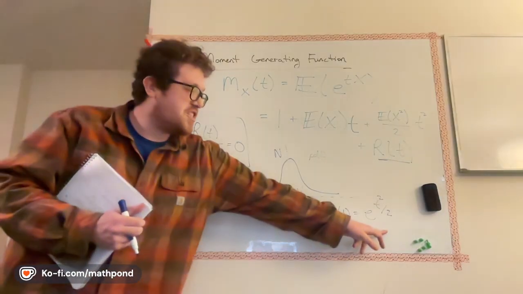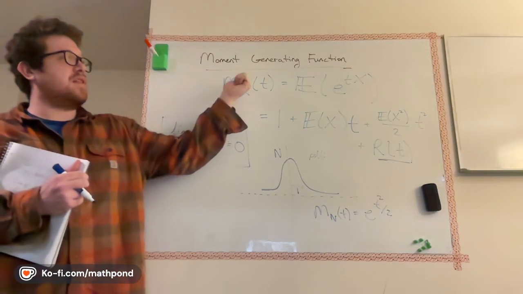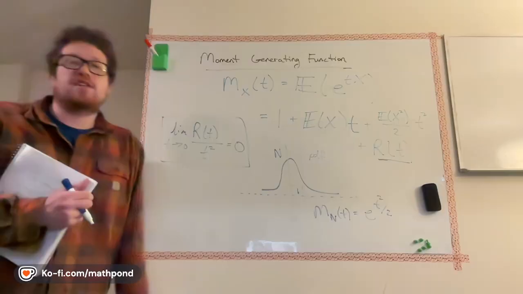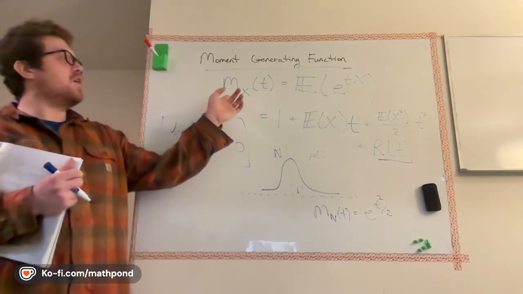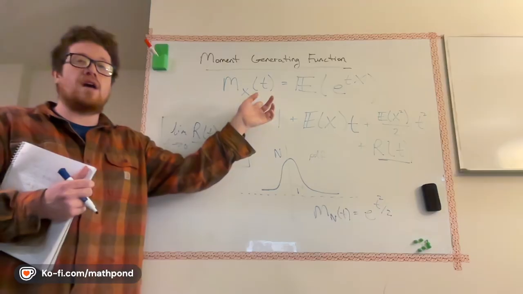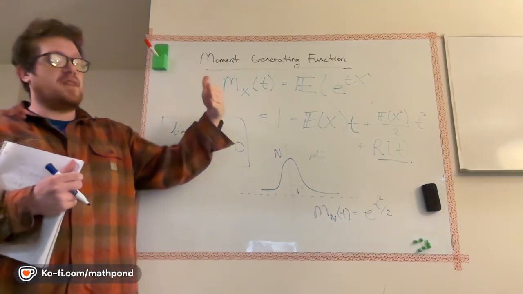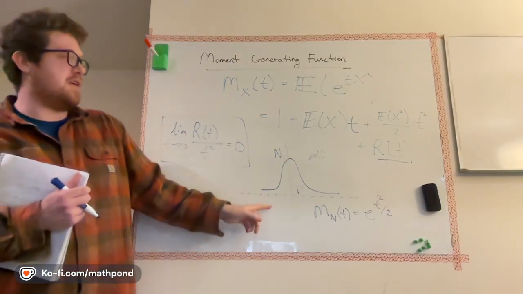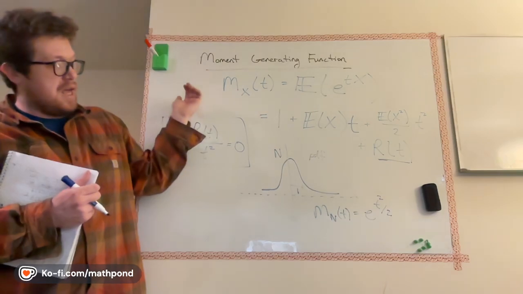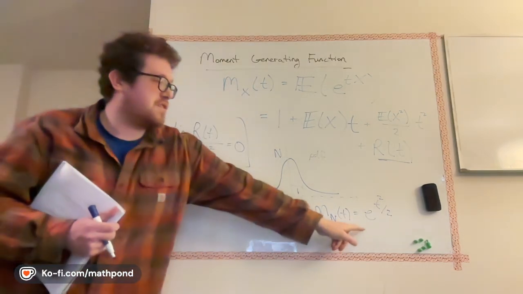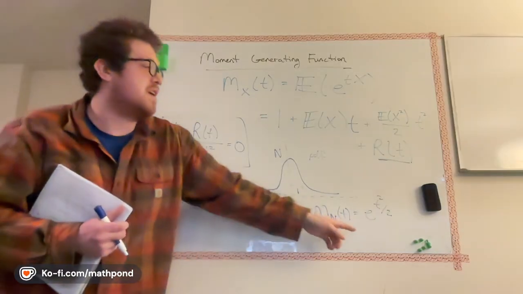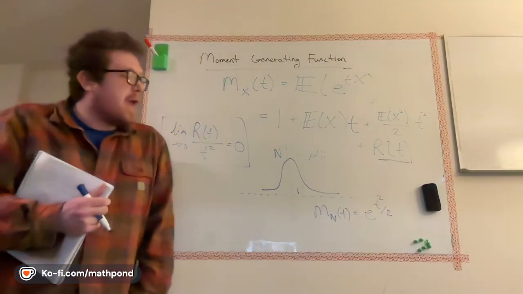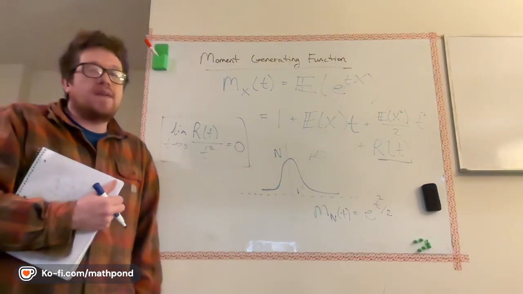As long as the moment generating functions of the things in the limit converge to this, then I'm good. So the argument is that we look at the moment generating function for each finite step in the central limit theorem, and prove that the moment generating functions of the finite stuff converge to this pointwise. So for every t, we get this function. And that's basically the argument.